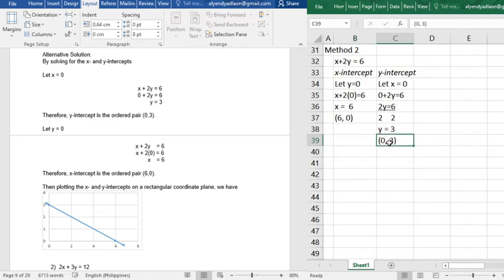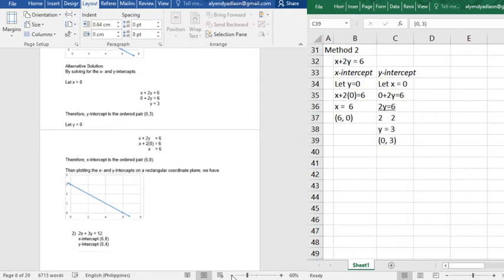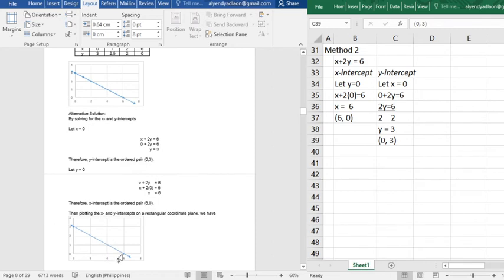And our y-intercept is 3, so we can see 3 here on the y-axis. And as you can see, in our two graphs, there is the same graph. So therefore, whether you use method 1 or method 2, you will get the same answer.